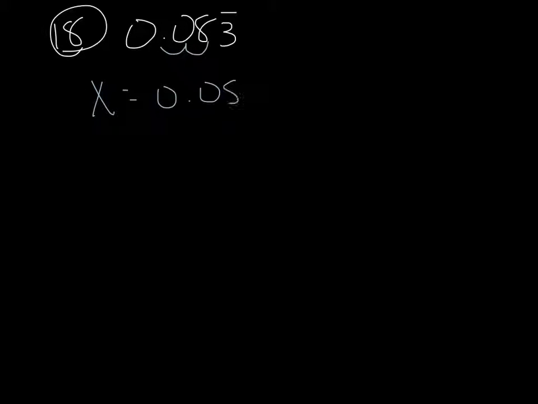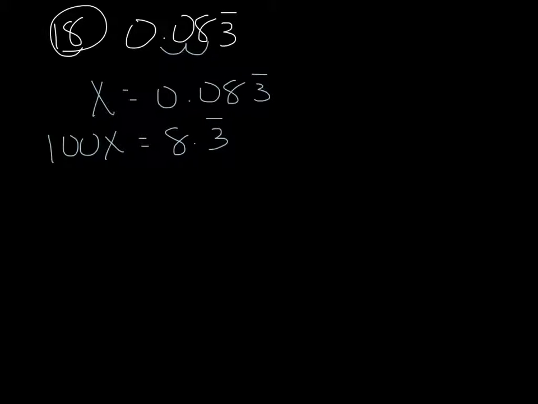18. 18's a little bit different because I don't have the repeating part isolated after the decimal. So I need to move it 2 places to start with. So if I'm going to let x be equal to 0.083 repeating, moving it 2 places, that gives me 100x is equal to 8.3 repeating.